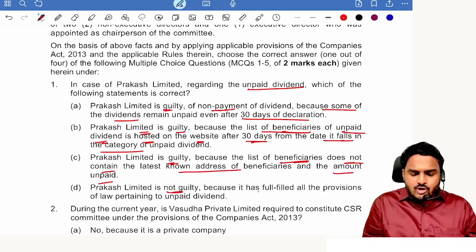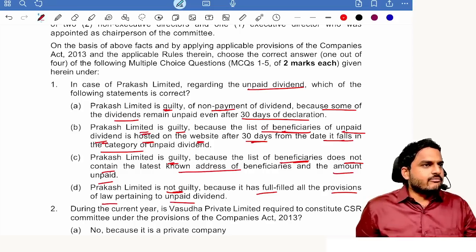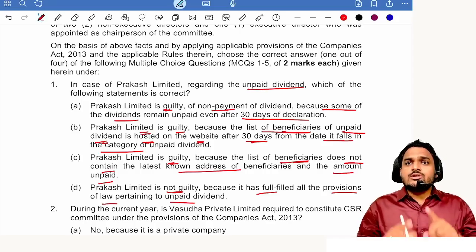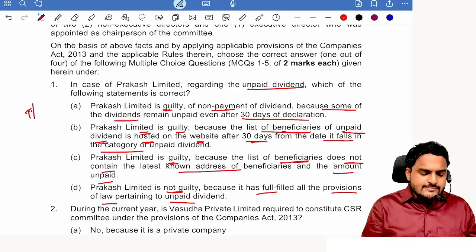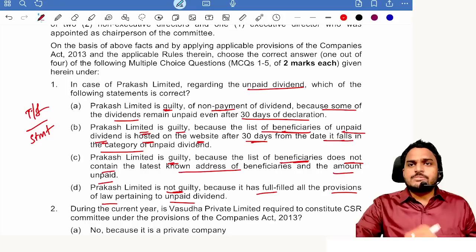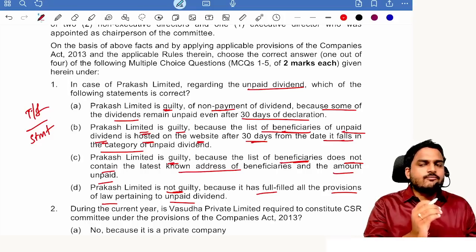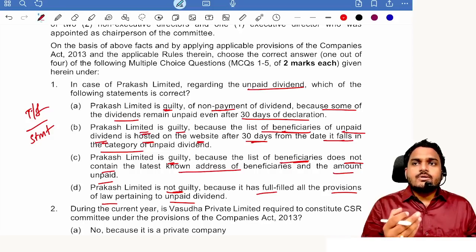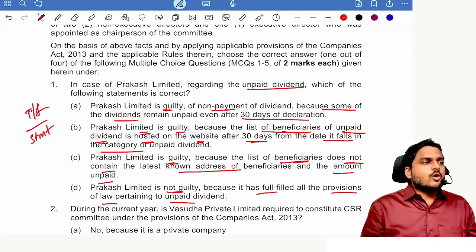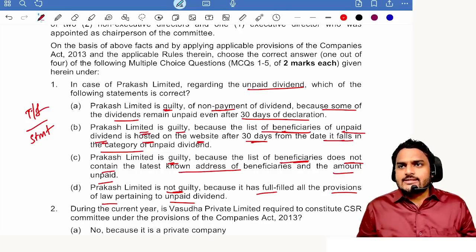Prakash is not guilty because it has fulfilled all the provisions of law pertaining to unpaid dividend. Now, to answer this question, you need to study the case scenario. And what is the requirement here? Transfer of unpaid dividends. Next one, statement to be published on the website of a company regarding details of shareholders who didn't claim dividends.